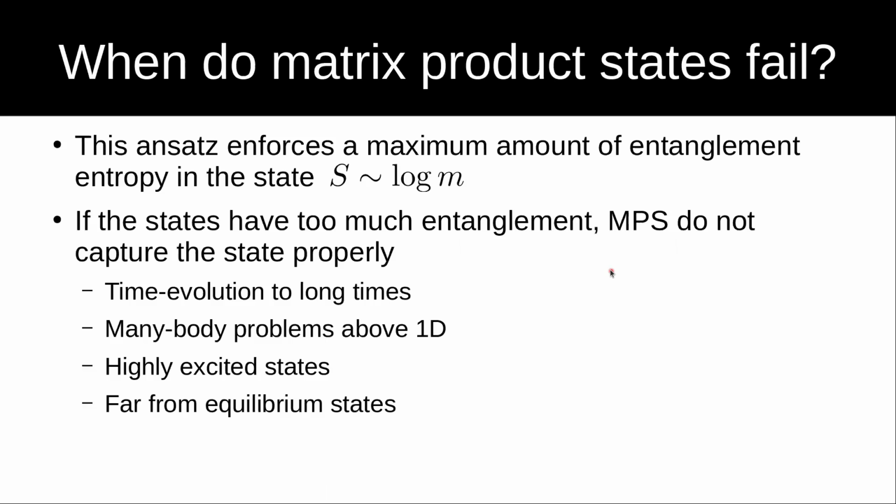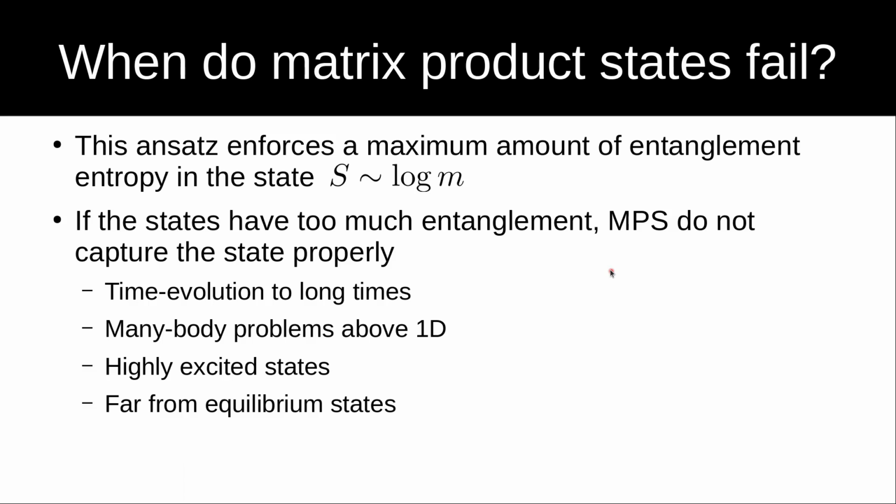Of course, matrix product states do not work in every single scenario, and the scenarios in which they actually break down are very much related with the amount of entanglement that the states involved have. So in particular, if you have a system that has an entanglement entropy that is very large, then it is not going to be well captured with a matrix product state.